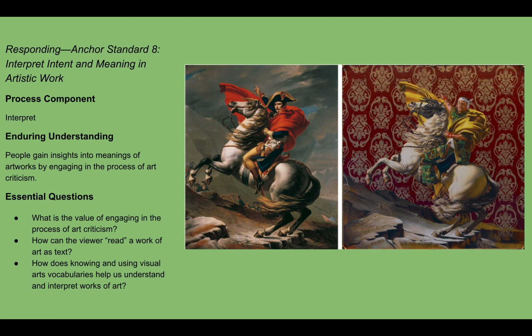And I think there's a lot going on with the Kehinde Wiley. There is an African American man sitting where Napoleon should be sitting, but he's in his Timberland boots and his camouflage. He's got a headband on. So there's a lot of questions as to, why did Kehinde make these choices?